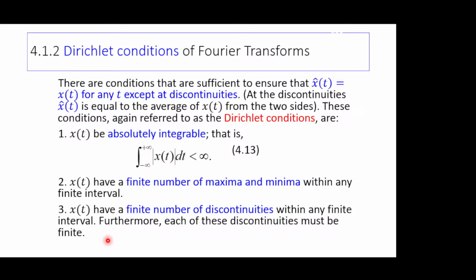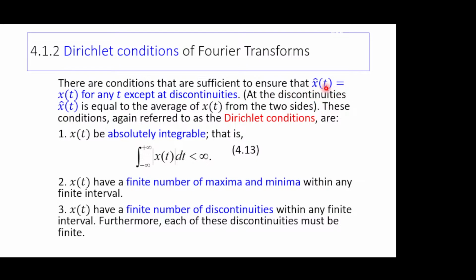Okay, and those seem to be pretty reasonable things you want to ask of your function, except for absolute integrable, because actually if you're integrating over such a large range, a lot of things diverge. But anyway, I think most of the functions we see will satisfy those three. And if those three are all satisfied, then we have a pretty good convergence guarantee. So it's the same thing we have for the periodic function.